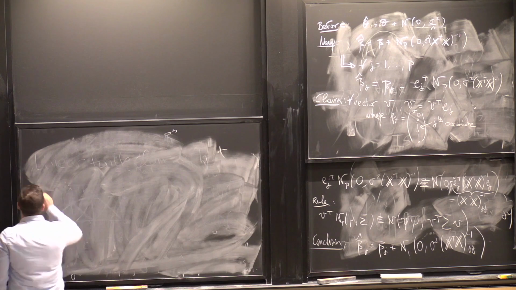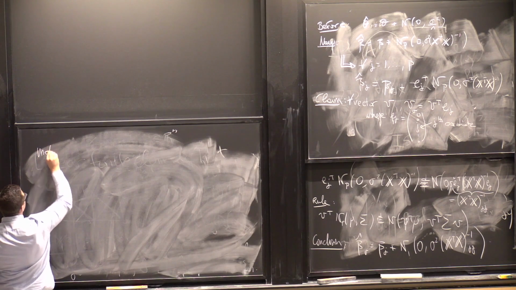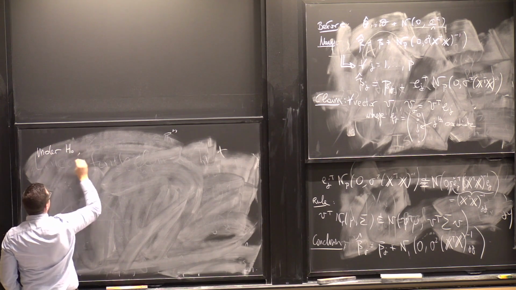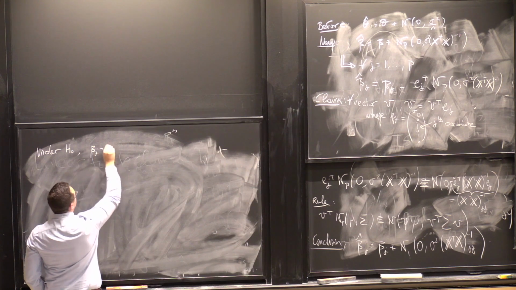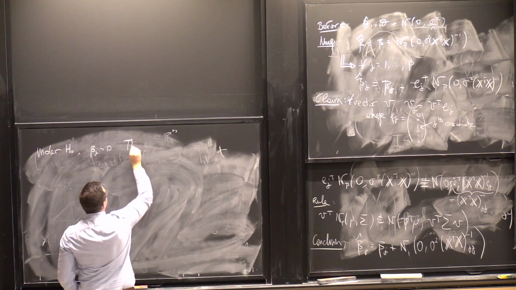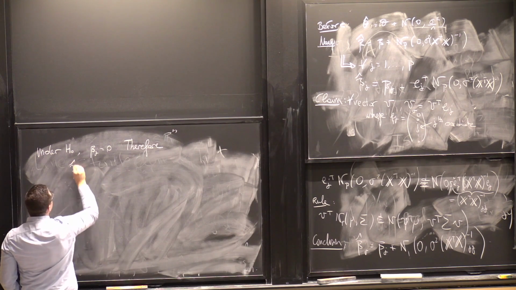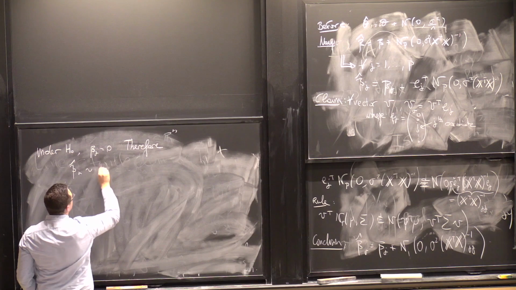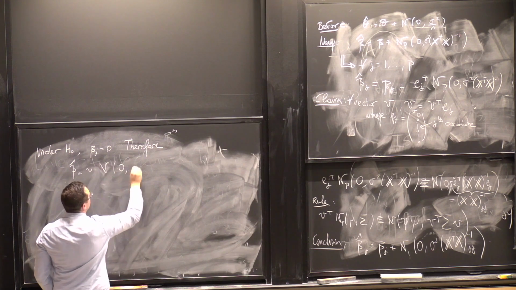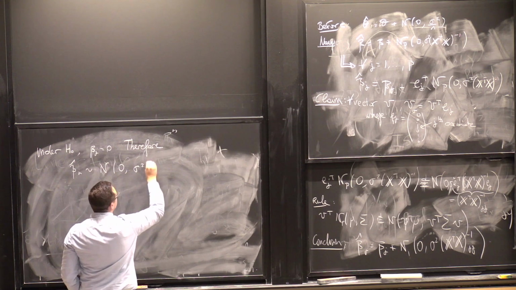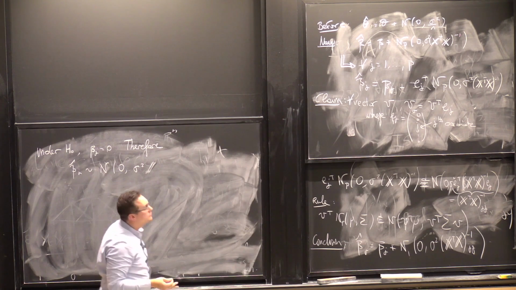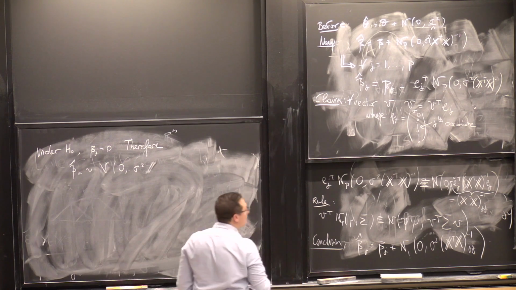So what do we have now is that under H0, beta j is equal to 0. Therefore, beta hat j follows some N(0, sigma squared), and just like in the slide, I'm going to call this gamma j.